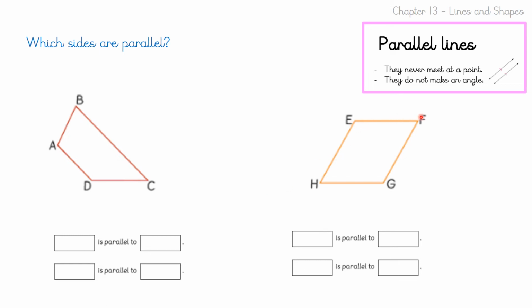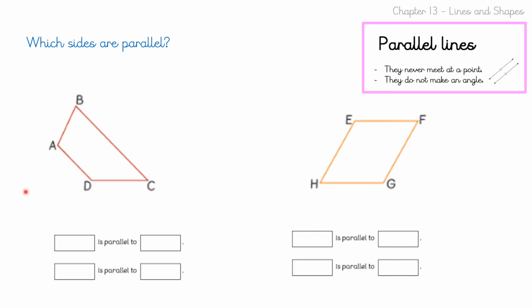EF. Can EF be parallel to FG? No, because they're meeting at a point and parallel lines never meet at a point. What line is there in front of EF? In front of EF we have HJ or GH. So if we extend these lines, follow the red pointer, look, it goes all across the screen, one line, and then I'm going to the other one, to one side and then to the other.